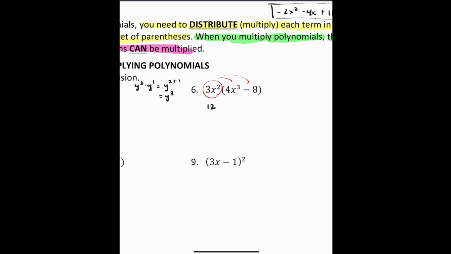But x squared times x to the third power is x to the fifth, because you're basically adding those exponents there. 3x squared times negative 8, 3 times negative 8 is negative 24, but we can't forget about the x squared. So x squared needs to be slapped on. 12x to the fifth minus 24x squared is your answer for number 6.